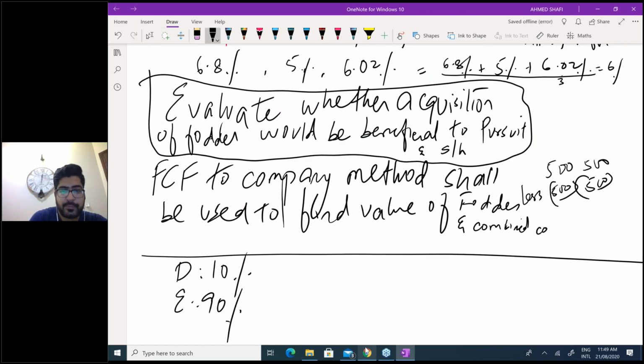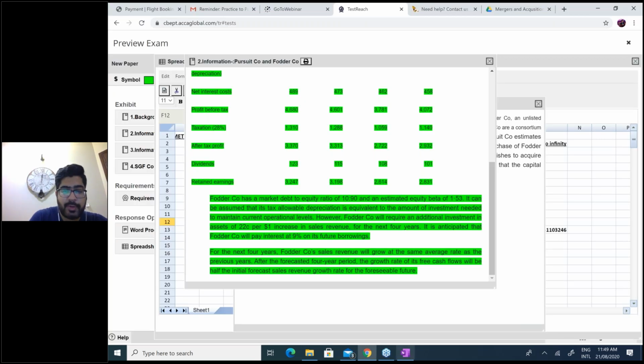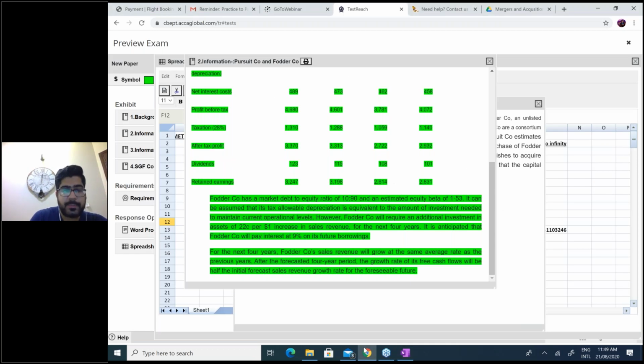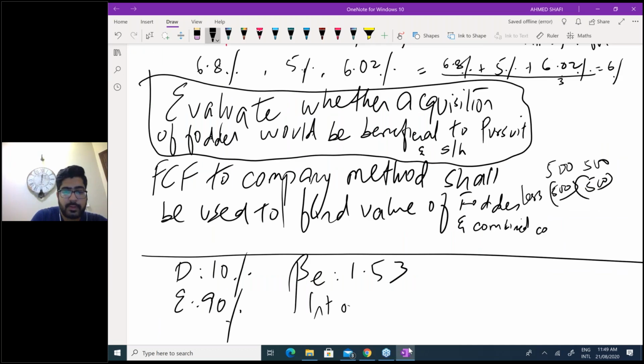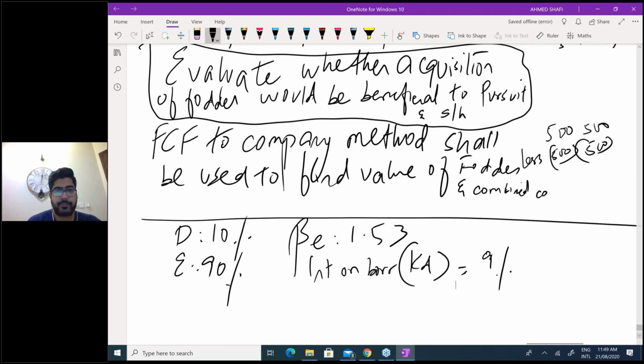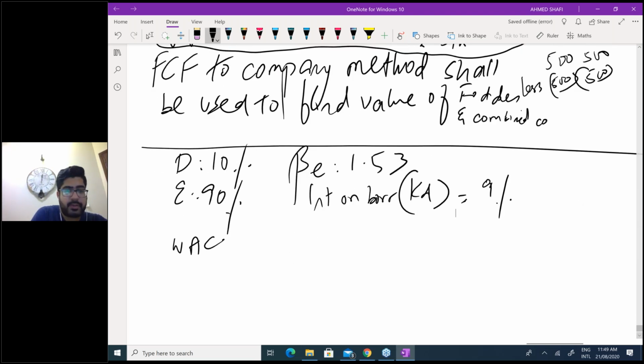Equity beta 1.53. It is anticipated that Fodder will pay interest at 9% on borrowings. So interest on borrowings, which we call KD, 9%. You can find WACC for Fodder.